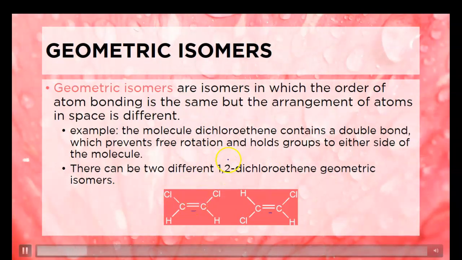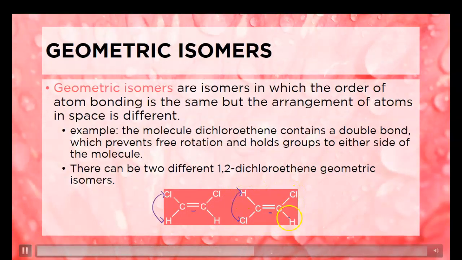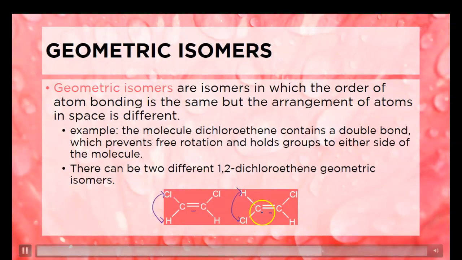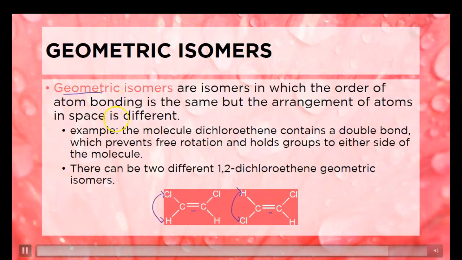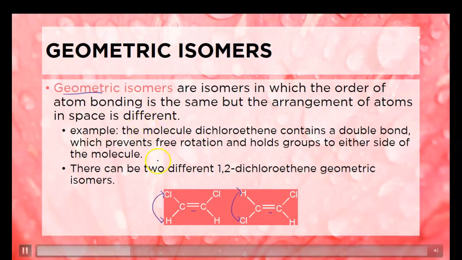The only change is I switched these 2 around, and now hydrogen is on the same level as one chlorine, and the other hydrogen is on the same level as the other one. Notice the structure is the same, but it's the geometry that has changed. And again, just another type of isomer where you have the same formula, same structure, but different geometries.